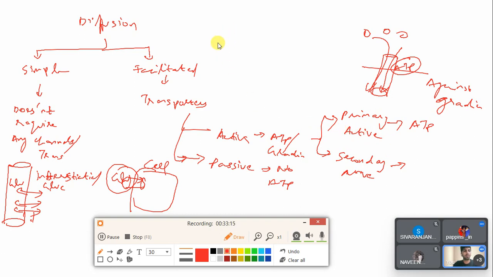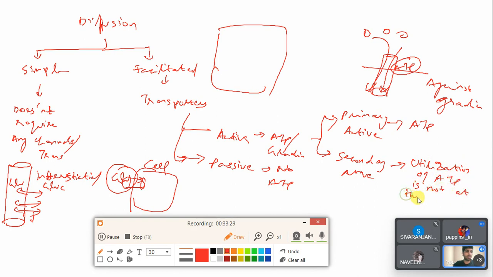But when we talk about secondary transport, the utilization of ATP is not at the site. It uses the ATP, but not at the site.